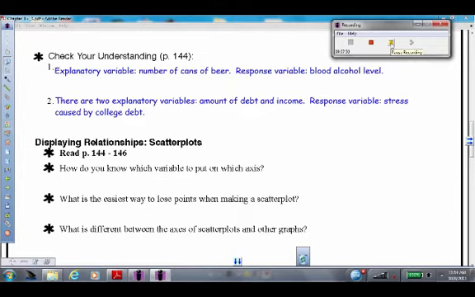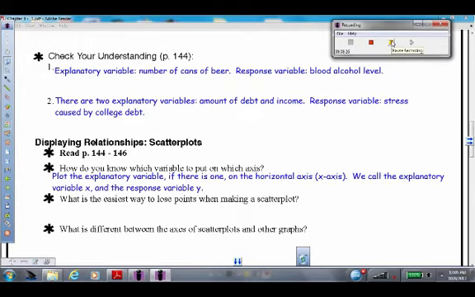If there is no explanatory-response distinction, either variable can go on the horizontal axis.